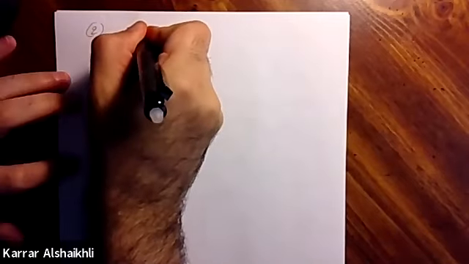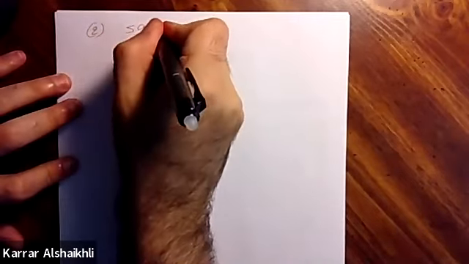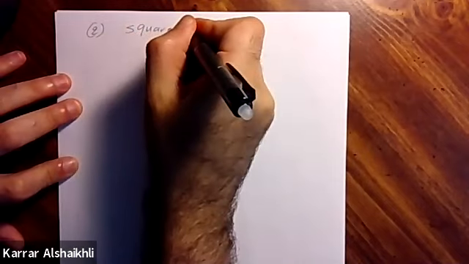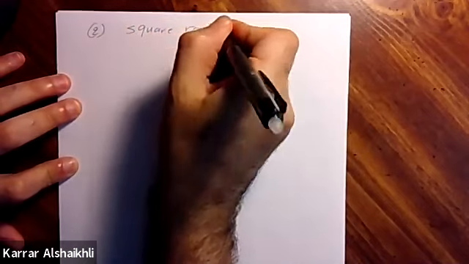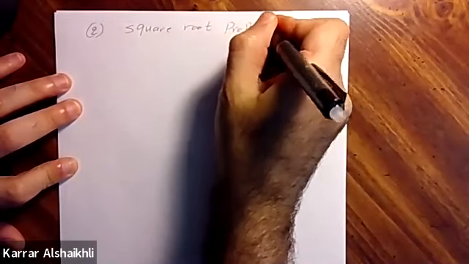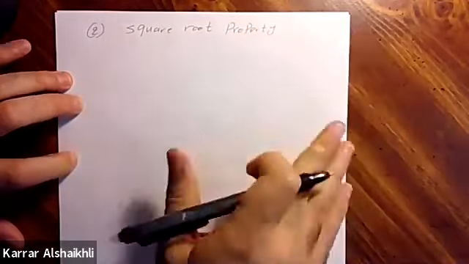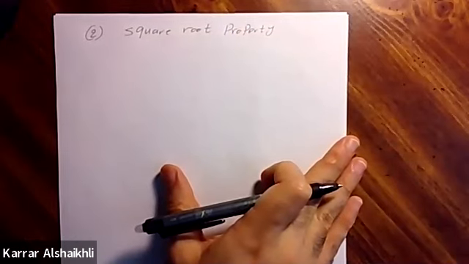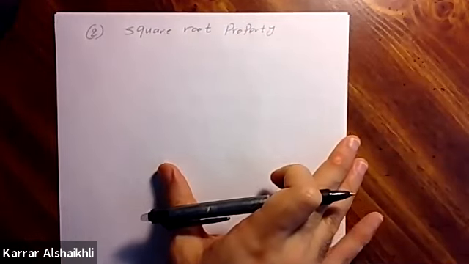Second property is the square root property. And they're going to ask you to use the square root property.